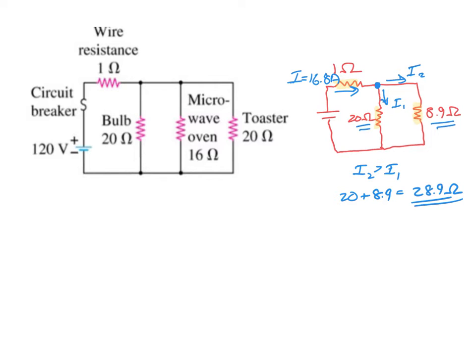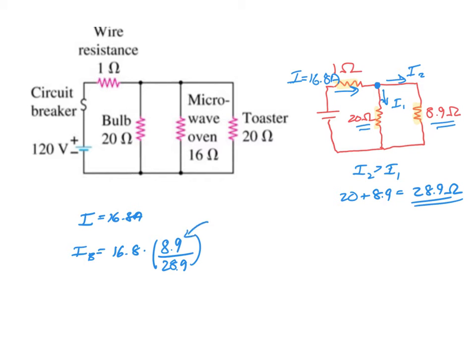I'm going to take the total current coming in of 16.8 amps. Let's say I want to solve for the bulb. So IB, I'm going to take that total current of 16.8, and I'm going to multiply it by the amount of resistance in the opposite leg, 8.9, divided by the total resistance of the two sides added together.